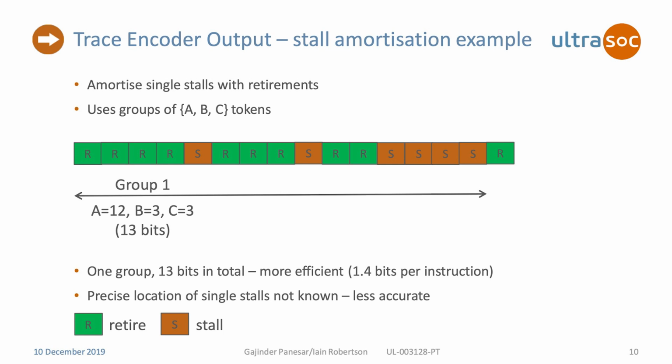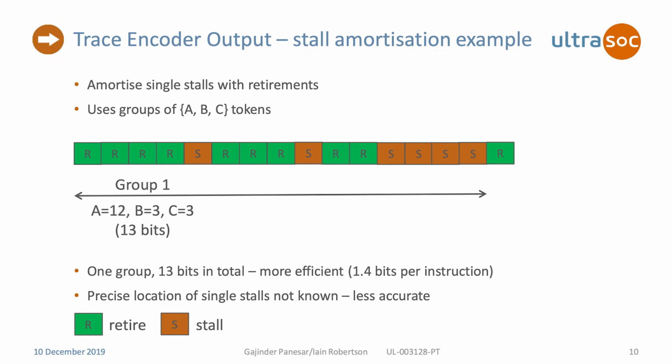Let's say we're interested in where the large stalls are, but the odd cycle here or there where we don't retire, we're not so bothered about knowing exactly where they occur. So in this example, I've set the stall amortization threshold to 1. Single cycle stalls will be treated the same way as retiring instructions, but longer stalls will be called out explicitly.